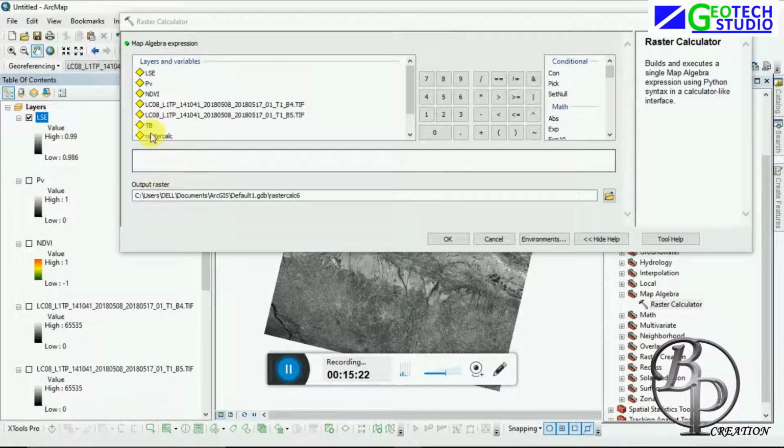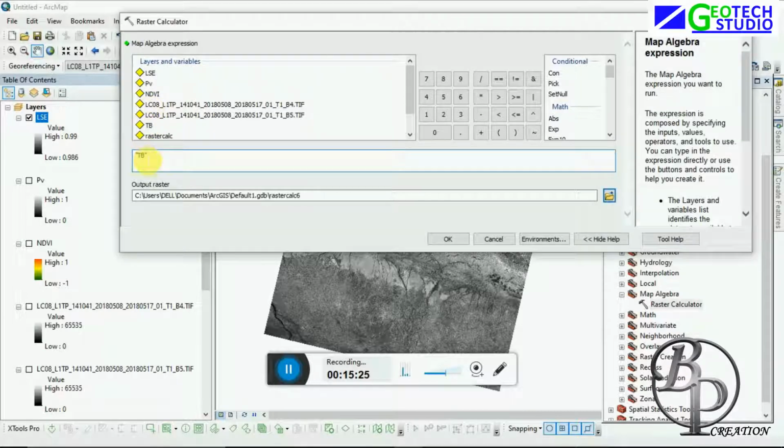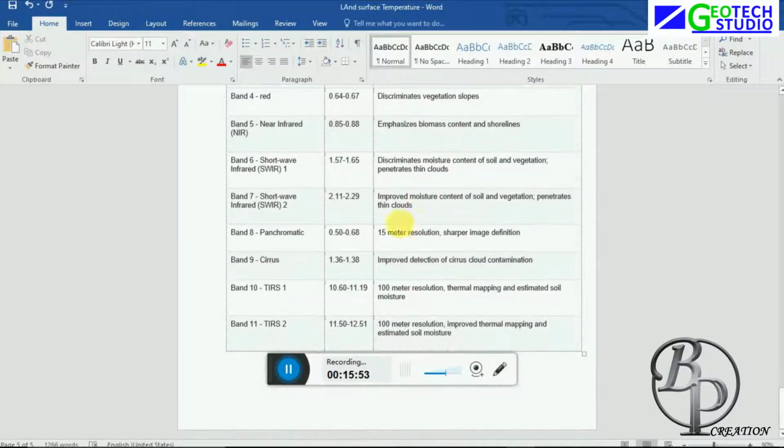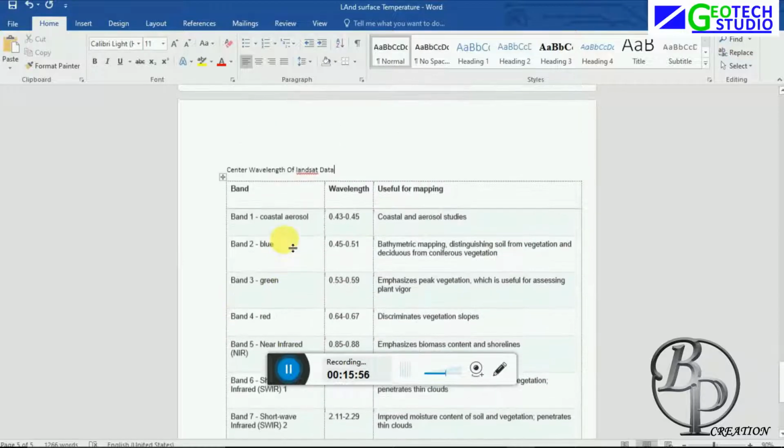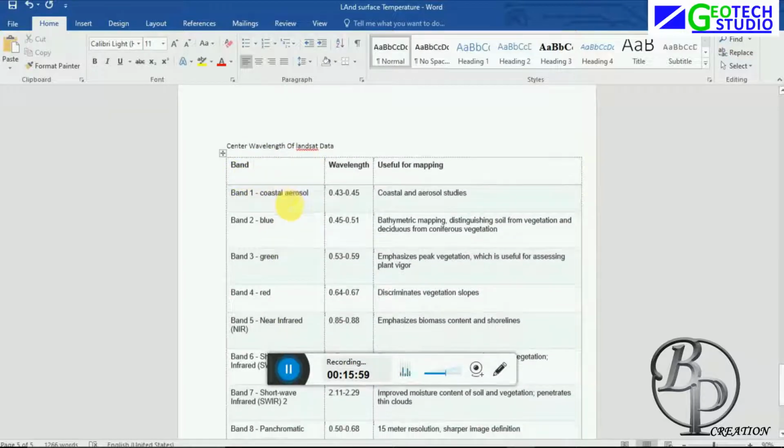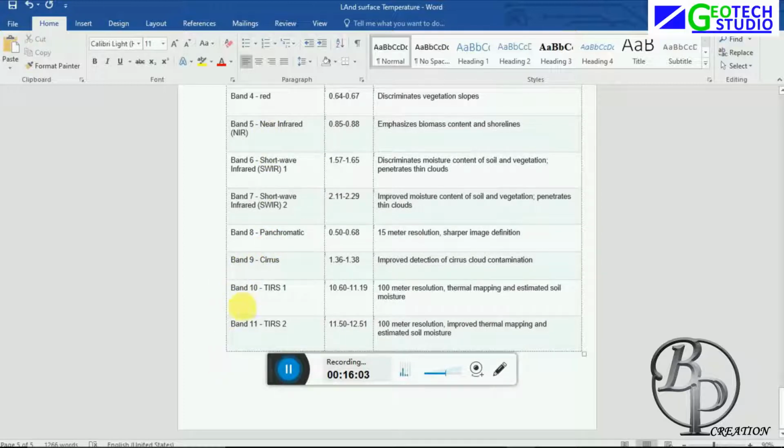And I'm gonna use that formula here, BT by, bracket 1 plus lambda, and here I am gonna show you the lambda value, that means the wavelength value of our band 10, as we are using thermal band 10. So here the thermal band wavelength ranges from 10.60 to 11.19. So I am gonna take an average of it.